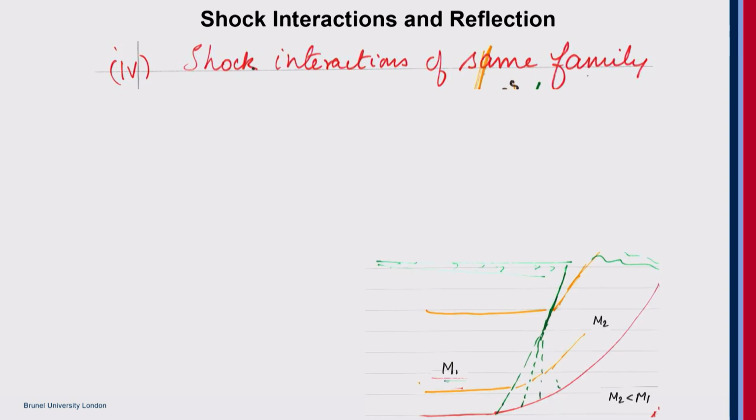What will happen if we have shock interactions of the same family? For example, if we have a very sharp concave surface, then you have one strong oblique shock.